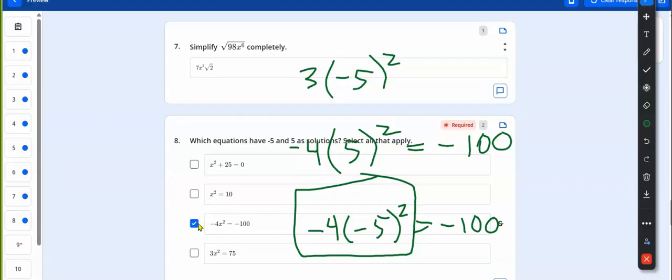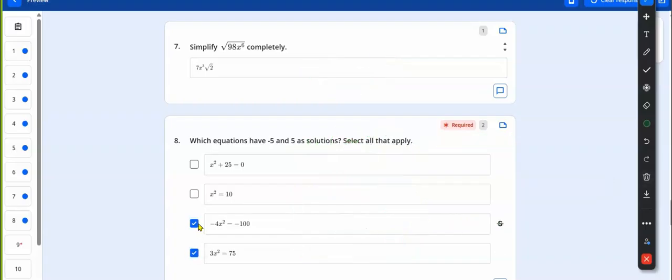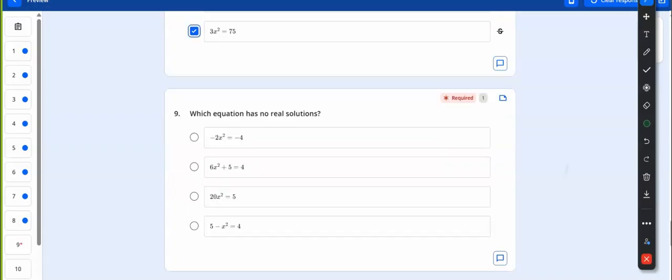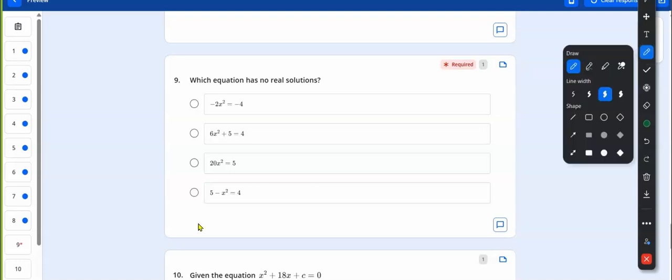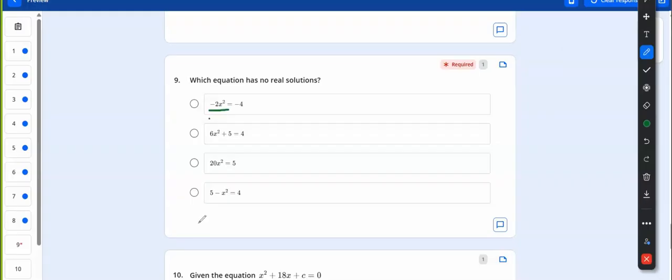Okay, so now we know that one works. Which equation has no real solutions? No real solutions, so let's see here. We can divide by -2, so that gives me x squared equals 2.